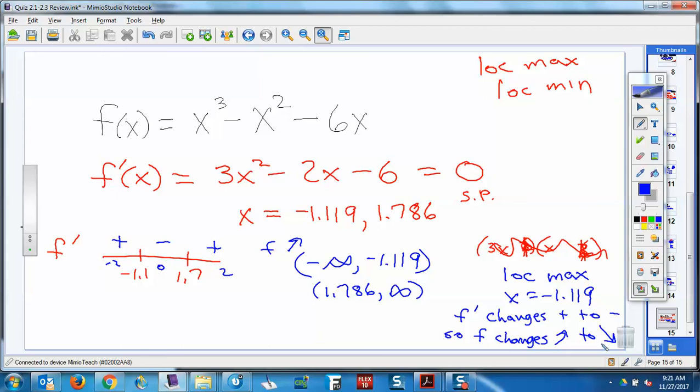If you're giving a reason why something's a local max, you have to write that out. The local max is there because F prime changes positive to negative there, so therefore F is going to change from increasing to decreasing. Okay, there you go. I mean, that's a pretty good review of that stuff.